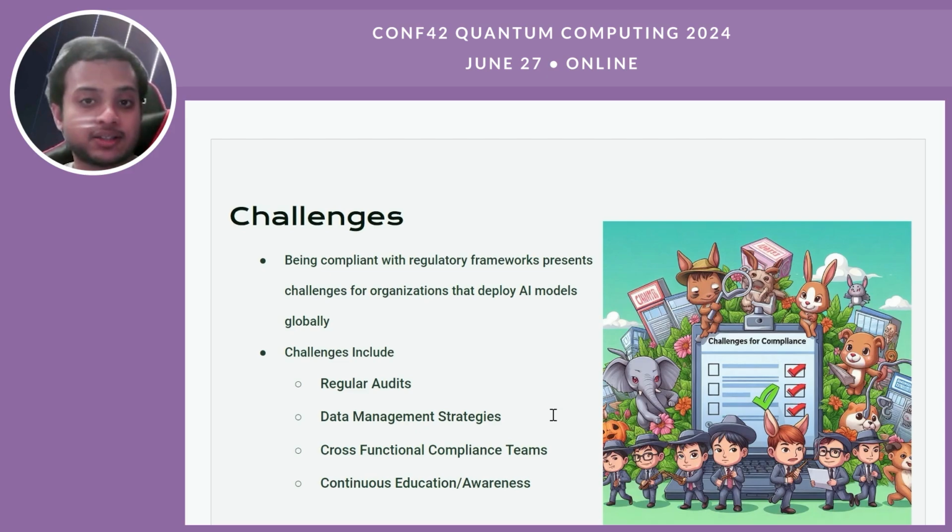Data management strategies. As different nations have different regulations, data management becomes very important. Some regulations require data to be stored in state or within the country, or need certain regulations to be followed before it is accessed outside the country.